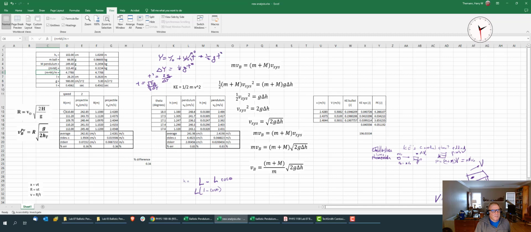So in class, you recorded a set of ranges, and you recorded a set of degrees. The ranges are for when it's a projectile, and the degrees are when you use it as a pendulum.